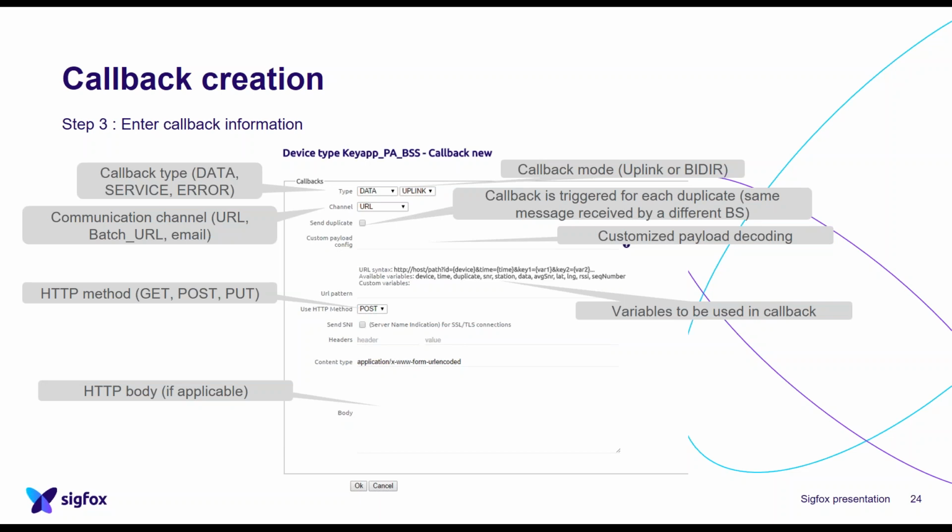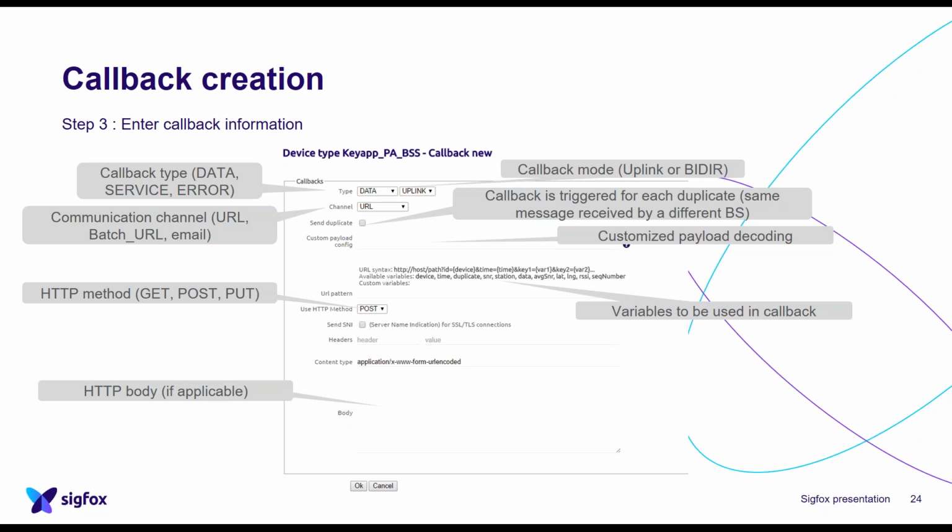You will also have access to the send duplicate option. A callback is triggered each time a frame is received. You have to remember that any Sigfox device currently will send 3 frames per message, and upon each reception, if these 3 frames are received by 3 different base stations, you will have 9 duplicates, or 1 proper frame and 8 duplicates.